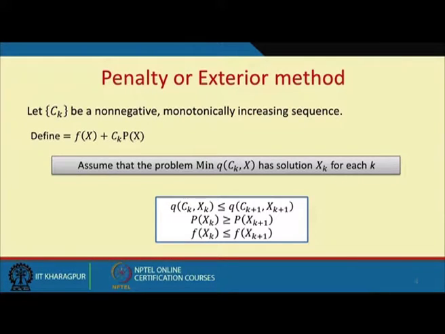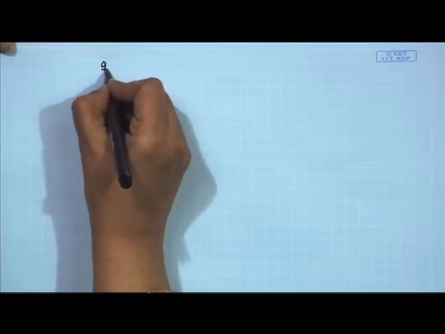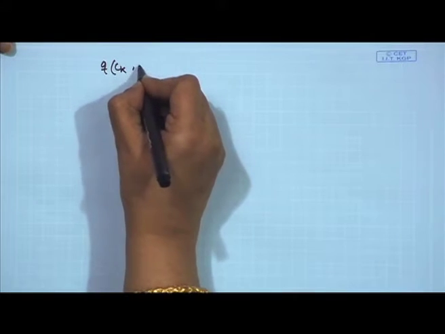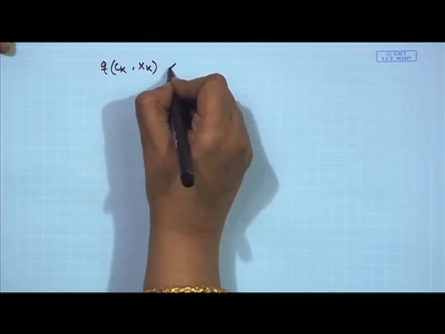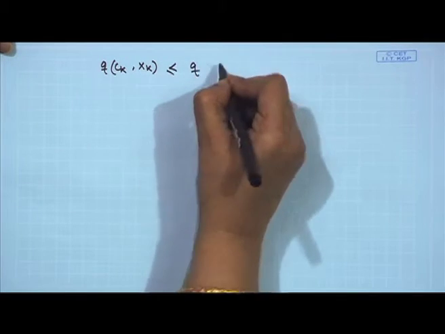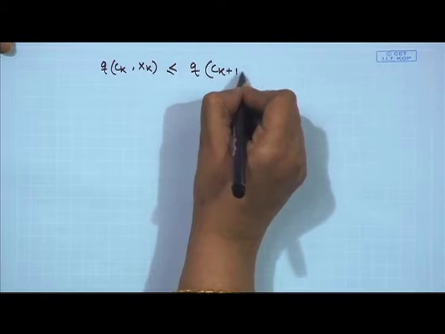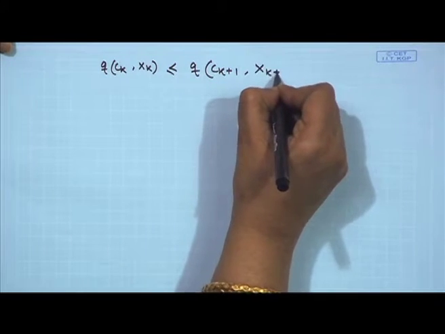That is why you see we need to prove that Q(Ck, xk) is less than or equal to Q(Ck plus 1, xk plus 1).